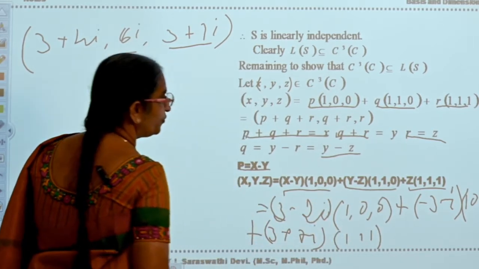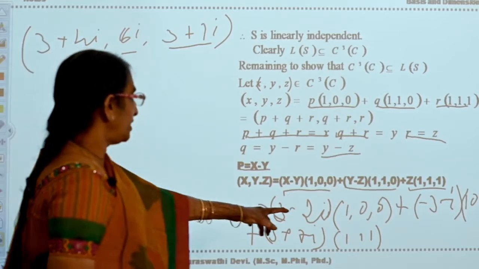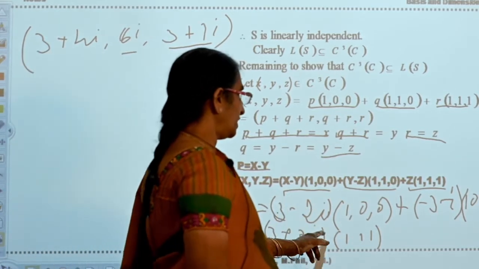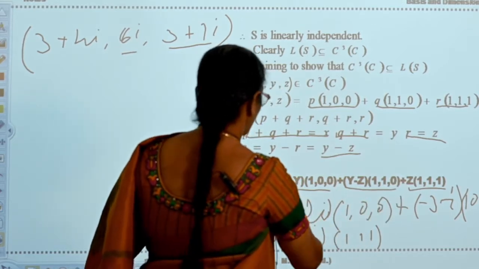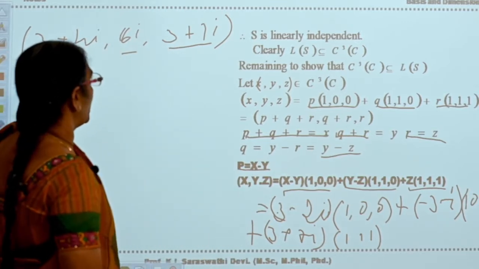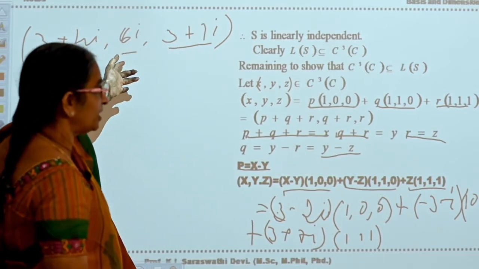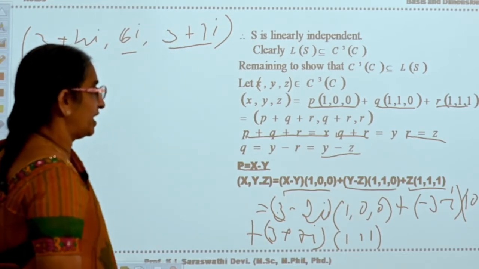Now see, if you take it, you will get the same vector. Now 1 into (3 minus 2i), (3 minus 2i), minus 3 minus i, 3 plus 7i. Total you will get 3 plus 4i. Similarly, the second one is 6i. Similarly, the third one is 3 plus 7i. Is it?